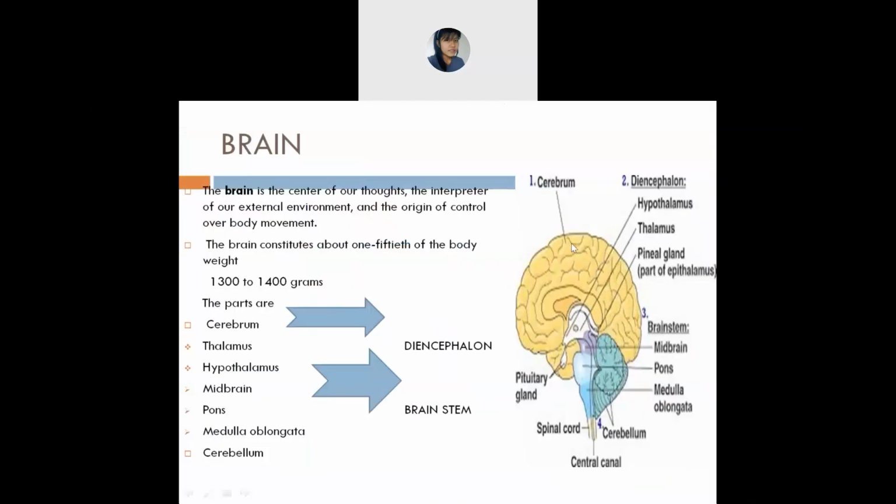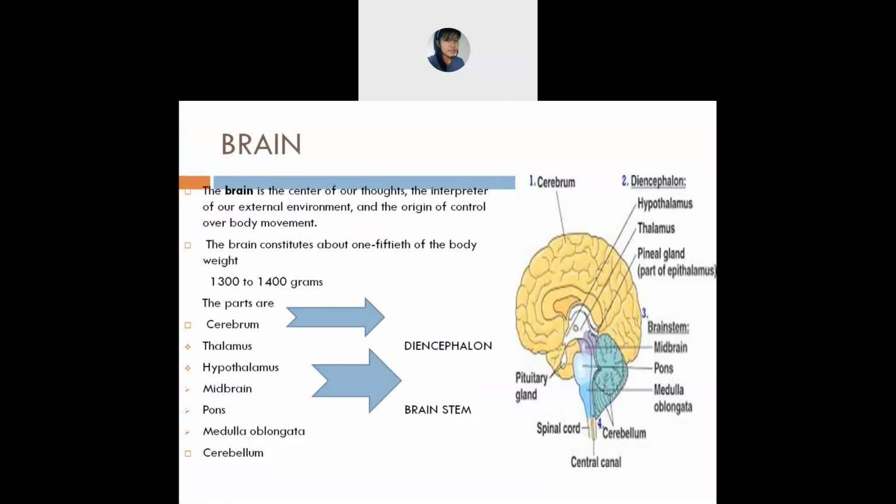So this is the brain. What is a brain? The brain is the center of our thoughts. Whatever we think, right from the time we get up till we sleep, even during sleep it is still functioning.